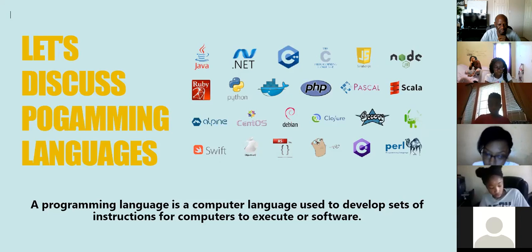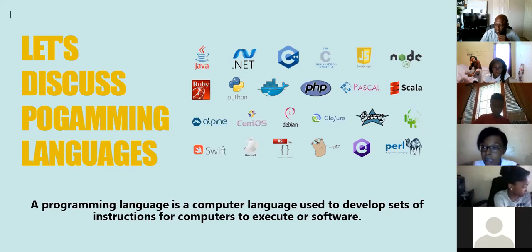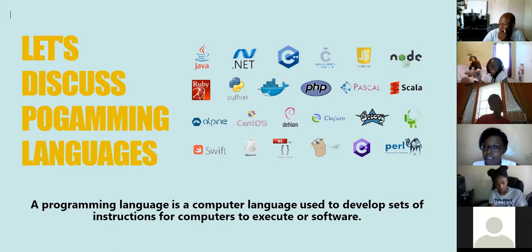So what is a programming language? It's a language that is used to write a set of instructions. Remember we said we are tying it up to what we did from the beginning: a computer is a device that accepts a set of instructions. So these instructions are written in a particular language, and people write using different languages.